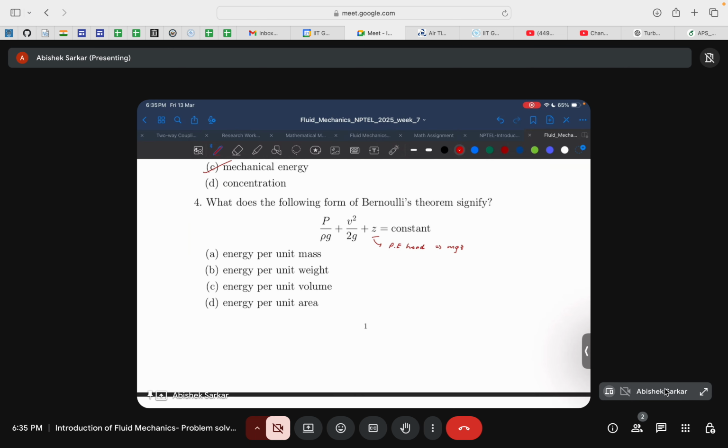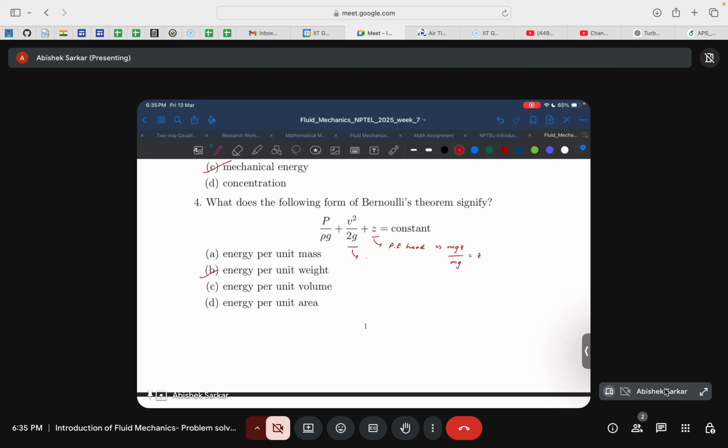Now if you divide this with mg, you will end up with z. Since you have divided it with mg, which is weight, the correct option will simply be energy per unit weight. Similarly, you can check for kinetic energy as well.